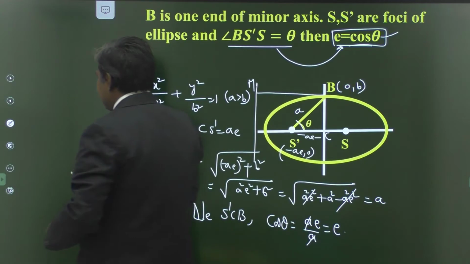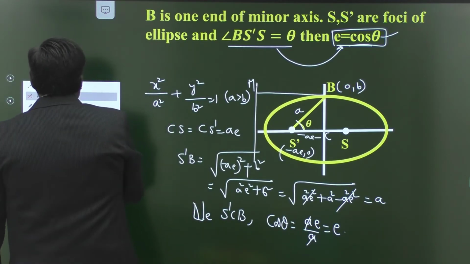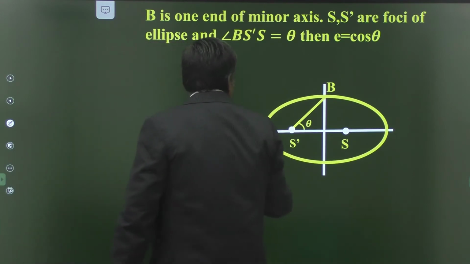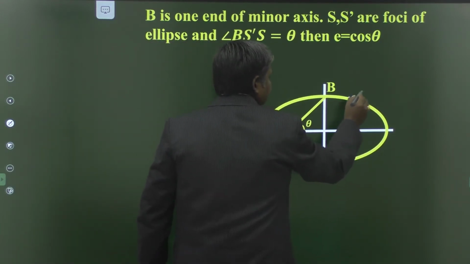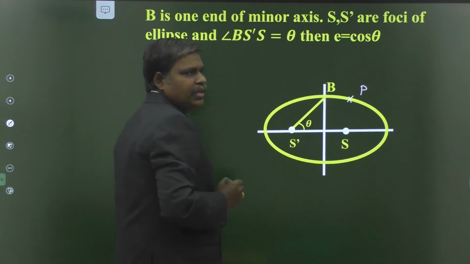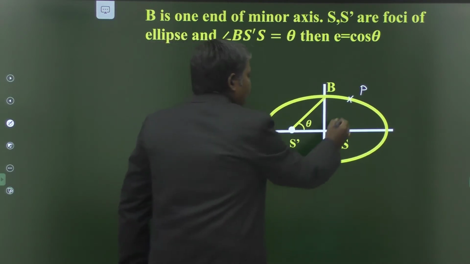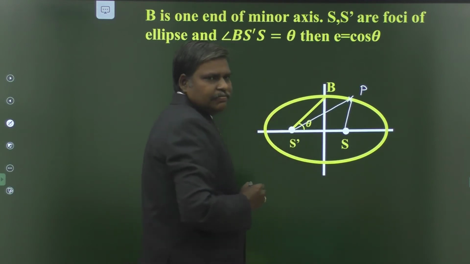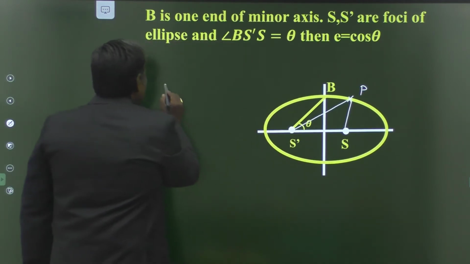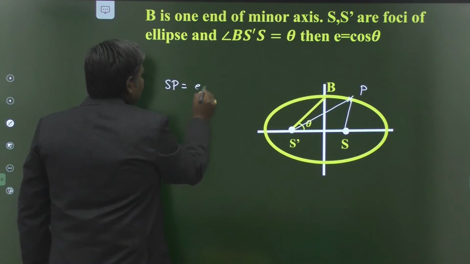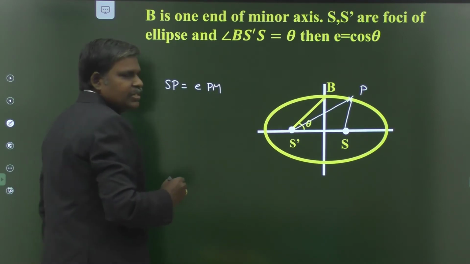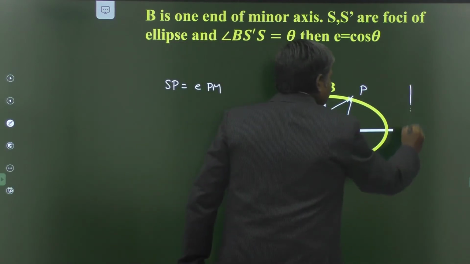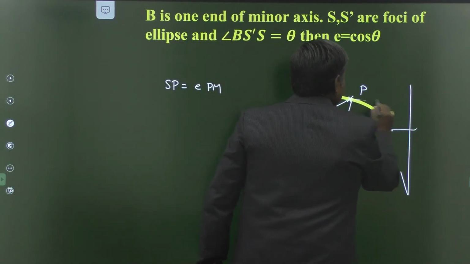Let us try to find the focal distance of any point on the ellipse now. Suppose this is any point P on the ellipse. If you want to find this focal distance, SP is equal to E into PM. PM is nothing but the perpendicular distance from P to your directrix. Suppose this is your directrix, this is PM.